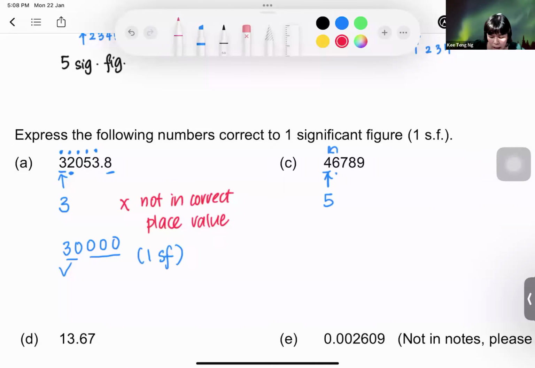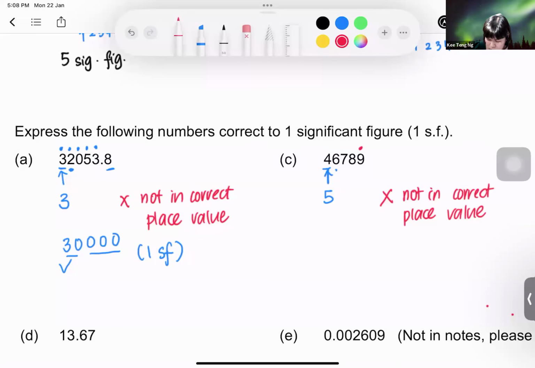But I cannot leave this as the answer 5 because this is not in the correct place value. What place value is this number in? Let us do a count: 1, tens, 100, 1,000, 10,000.